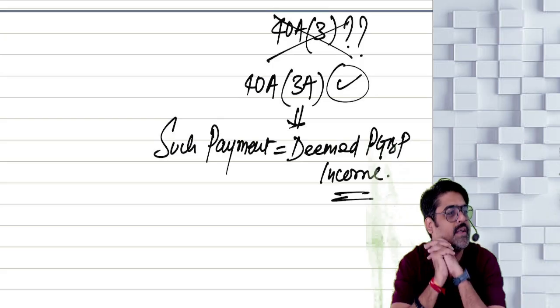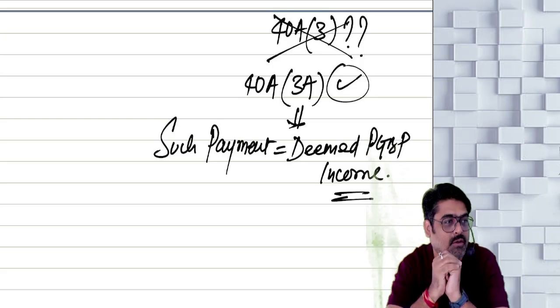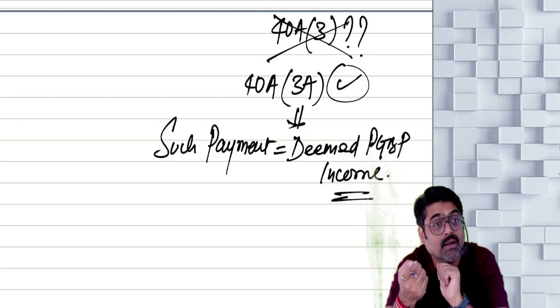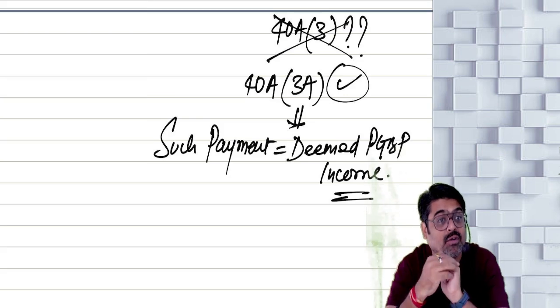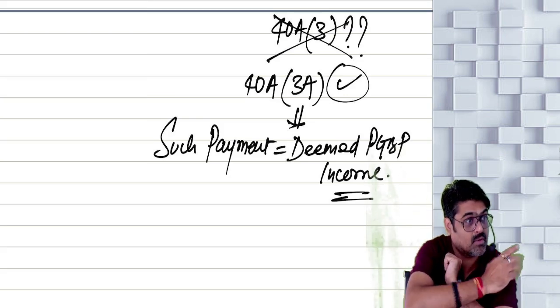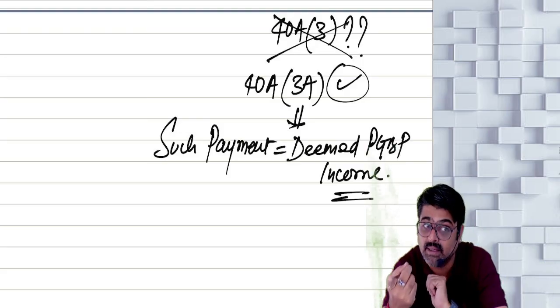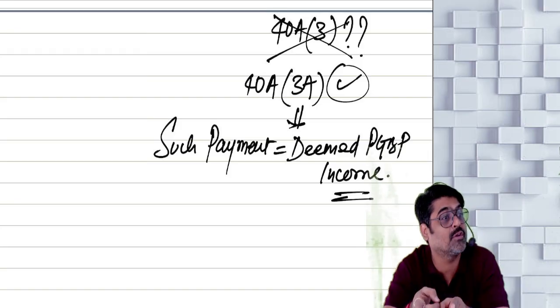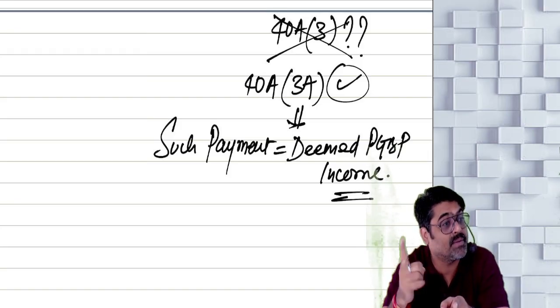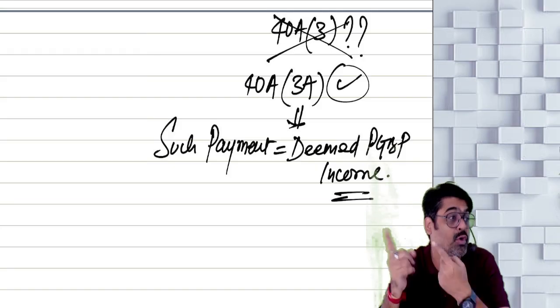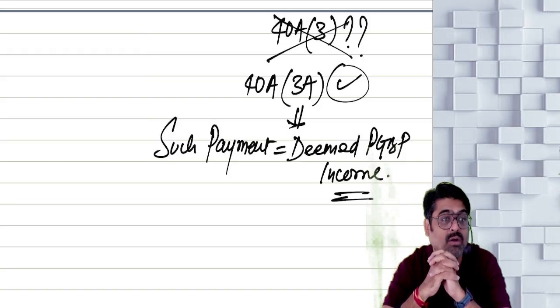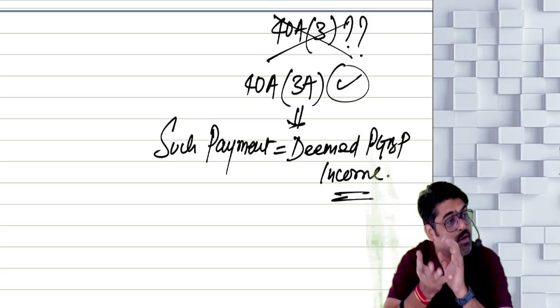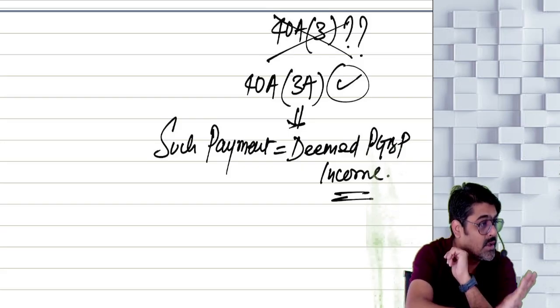Once you claim the deduction, afterwards, when you make the payment of this expense, at that time also you have to remember that if the payment for this expense, which was already allowed, is more than 10,000 in a day to a person, and if that payment is also made by other than prescribed modes, then even that payment should be disallowed. But now it cannot be disallowed under 48(3) because it was already allowed on what basis? Due basis.